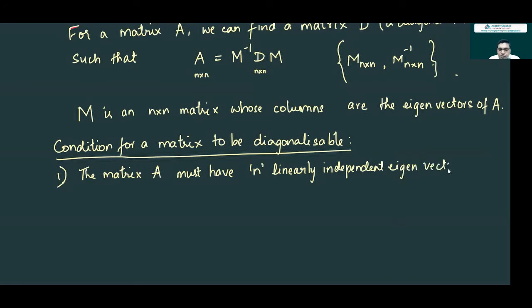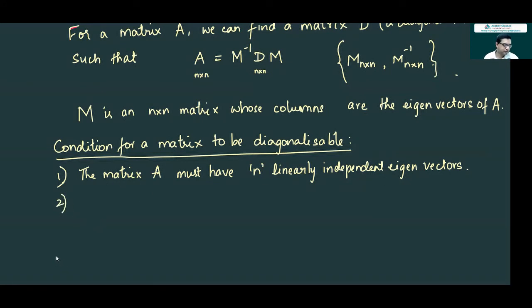Only then it is possible, otherwise it is not possible. If linearly independent eigenvectors are there, then M will not be singular. Otherwise, M will become singular and M inverse cannot exist. So, matrix A must have n linearly independent eigenvectors.